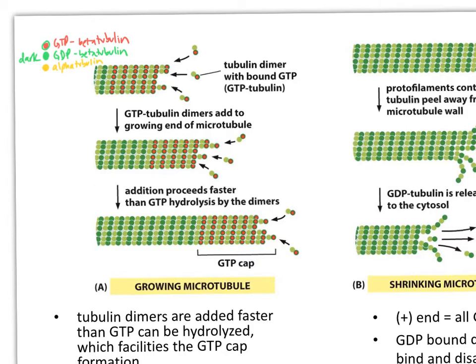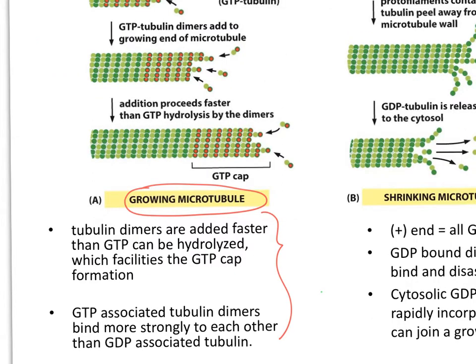As we'll see, the free-floating heterodimer is going to have GDP, but it will pick up GTP quite rapidly when it's free-floating in the cytosol. Okay, so I have a few notes to keep track of on the growing microtubule. The tubulin dimers are added to a growing microtubule faster than GTP can be hydrolyzed, which facilitates the GTP cap formation.